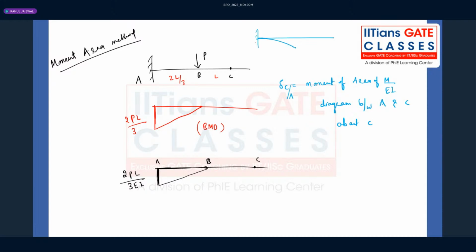You have plotted the elastic curve like this, right? Then this is the point C, for example, and we are drawing the slope at a particular point A. Draw the slope; this will be the slope at point A.